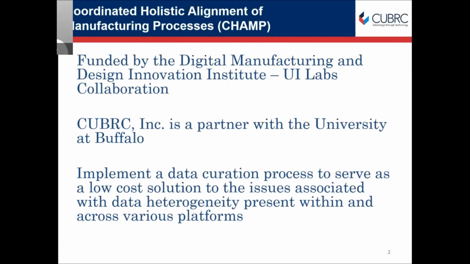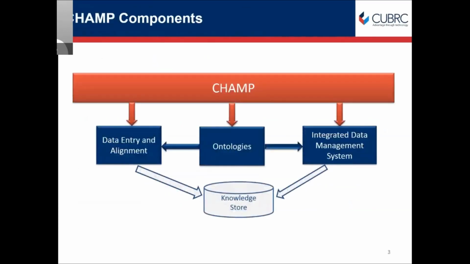And the objective of the project is to implement a data curation process to serve as a low-cost solution to the issues associated with data heterogeneity that are present within and across various platforms. So in short, what we want to do is create a system, a platform that has these components.